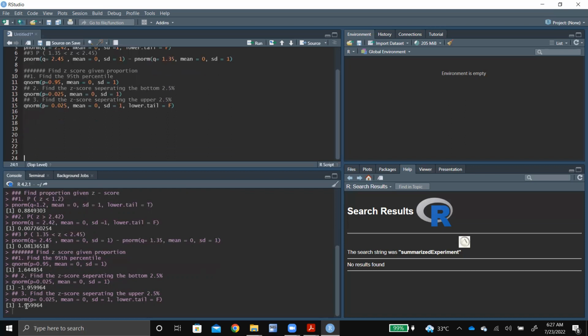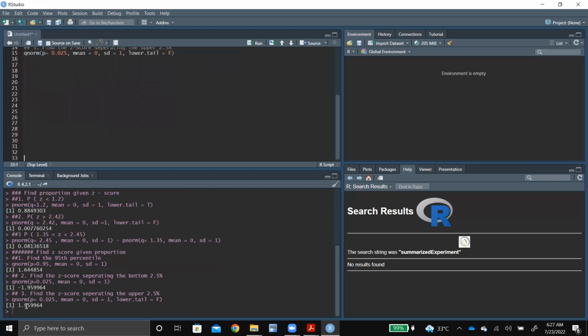So this is what we can do with a standard normal distribution. Now let us discuss the non-standard normal distribution. Whatever we do in this section, let us assume that the variable x follows a normal distribution.